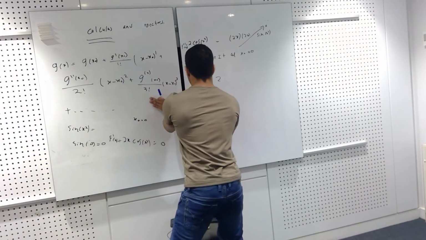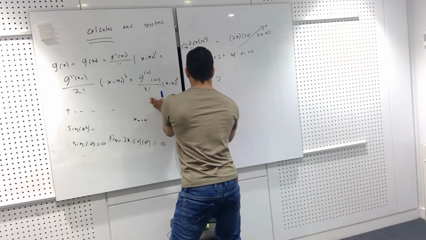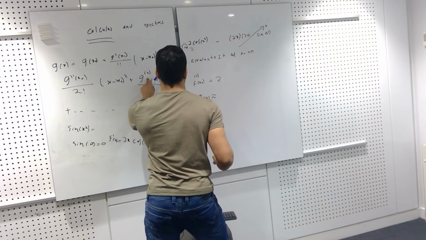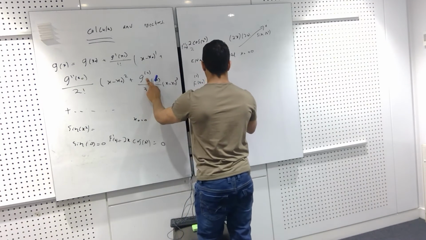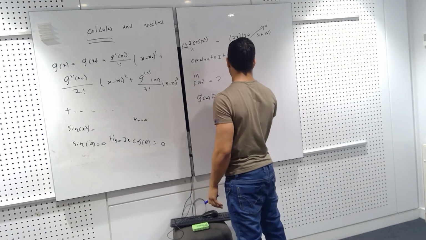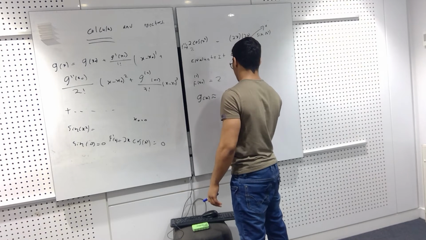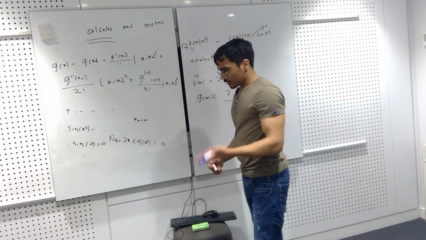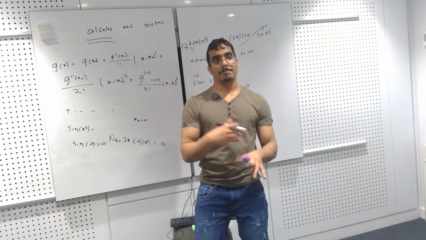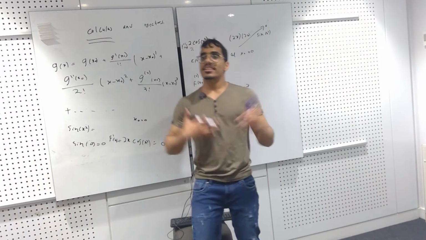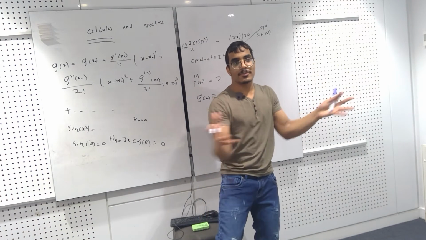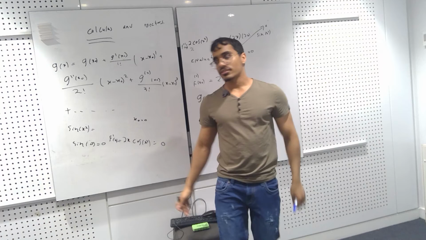Substitute back into the equation, so g of x so far we can write as, the third derivative, so it's 2, times x cubed (x naught is 0) divided by 3 factorial, and 3 factorial is 3 times 2 times 1. You multiply them together and it gives you the answer.